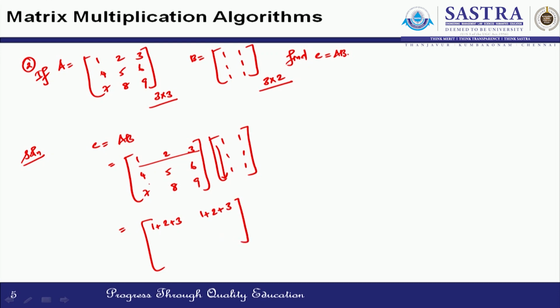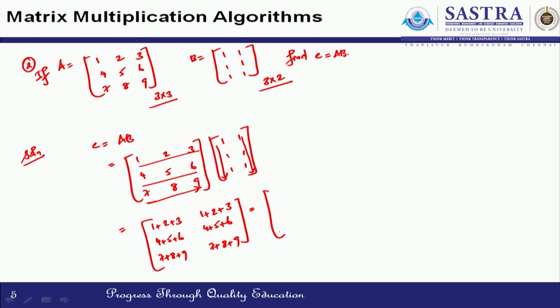Then second row, first column, 4 plus 5 plus 6, and second row, second column, 4 plus 5 plus 6. Third row, first column, 7 plus 8 plus 9, and third row, second column, 7 plus 8 plus 9.